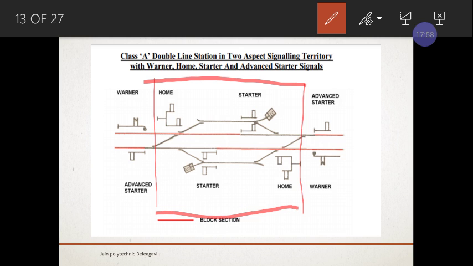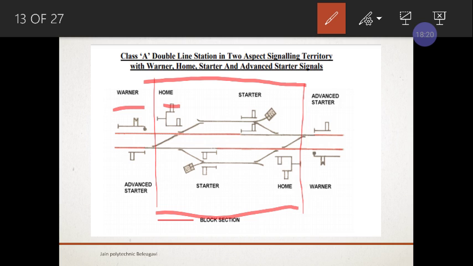Before entering the block, there is a warner signal, telling whether to enter the block or not. Once you enter the block, the first signal is the home signal. On the home signal, you are told which platform or track to get into, and whether that track is clear or not.